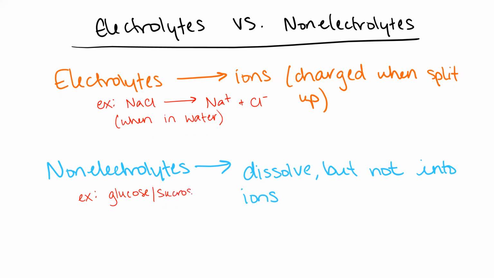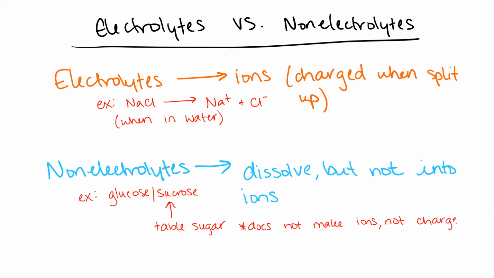And for those of you who don't know what sucrose is, this is table sugar, the regular sugar that you would put into coffee or into tea or on your cereal even. When you put this in water, it dissolves, but it does not make ions. It's not charged, and it remains in its molecular compound form.